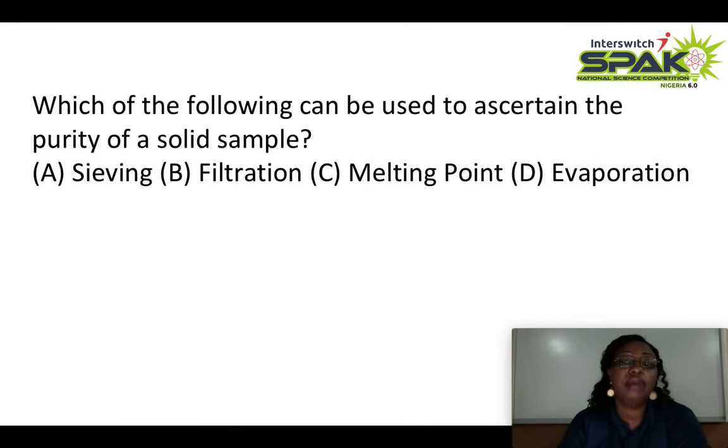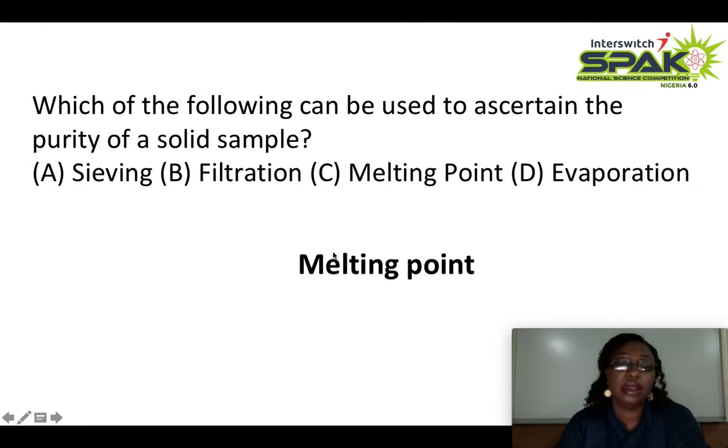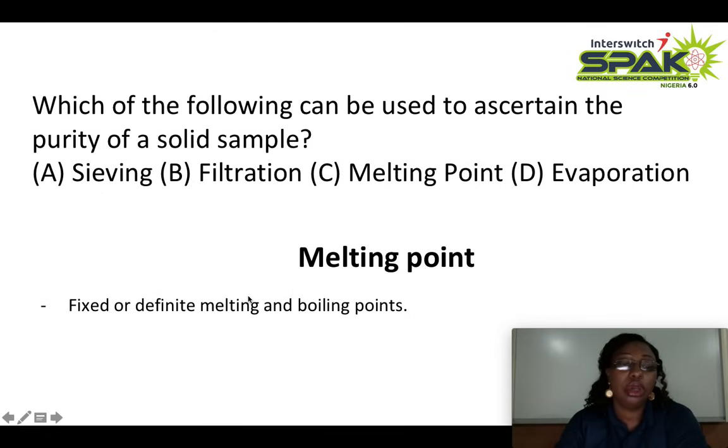Which of the following can be used to ascertain the purity of a solid sample? The answer is melting point. Melting point is used to ascertain the purity of a solid sample.